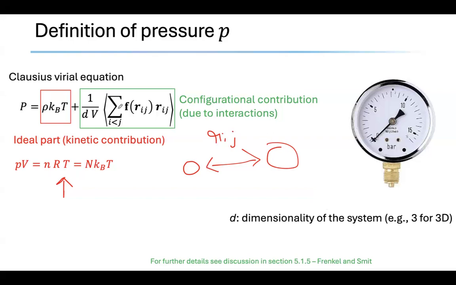Now, what is important to note is that if the intermolecular force between the molecules goes to 0, then your entire term due to the configurations of the molecules drops out, and you just end up with the ideal gas equation for the pressure. All right. Once again, all of these are well discussed in section 5.1.5 in Frenkel and Smith, and also in Allen and Tildesley.